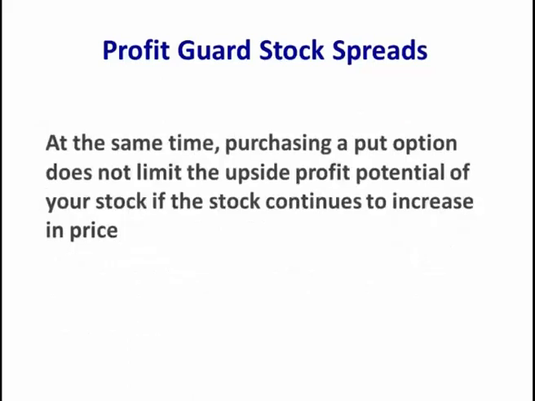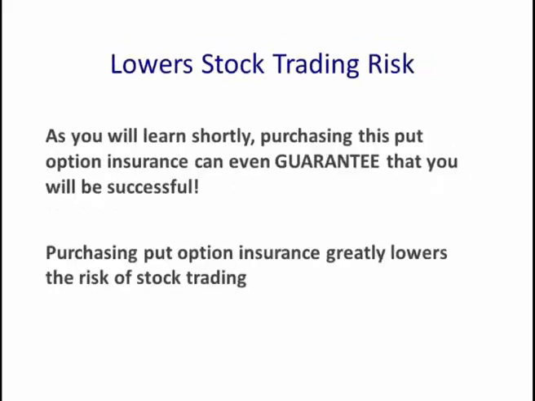At the same time, there's no limit on the upside potential of your stock if the stock continues to increase in price. By purchasing that put option, we lower our stock trading risk, and this can even guarantee that your stock trade will be profitable.